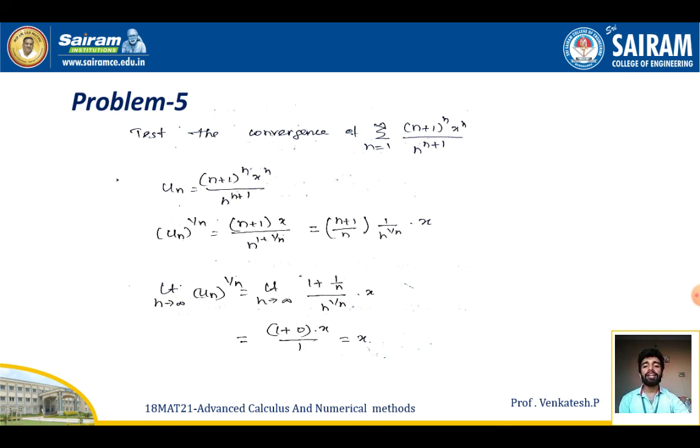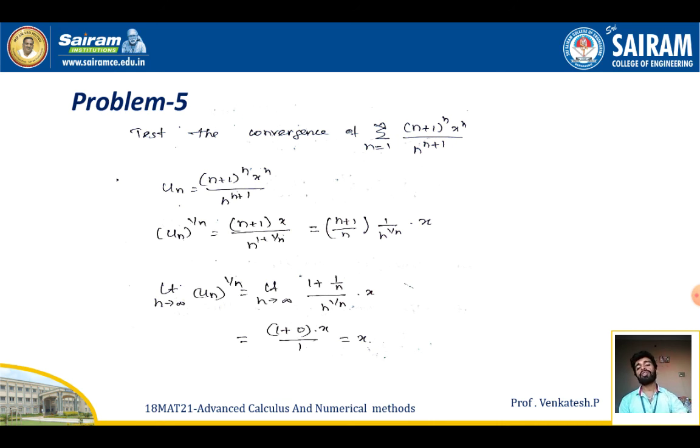On simplifying the denominator, I can write it as n times n^(1/n). The equation will now be (n+1)/n times x divided by n^(1/n). In the numerator, I can take n common, so dividing, I will get (1 + 1/n) times x divided by n^(1/n).